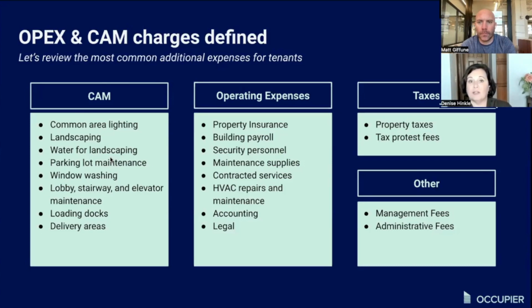It's always good to have words like GAAP expenses in your lease, GAAP meaning generally accepted accounting principles. That can protect the tenant and give a solid definition of what is and isn't included. In that section of the lease, you're also going to see a very long list of exceptions.